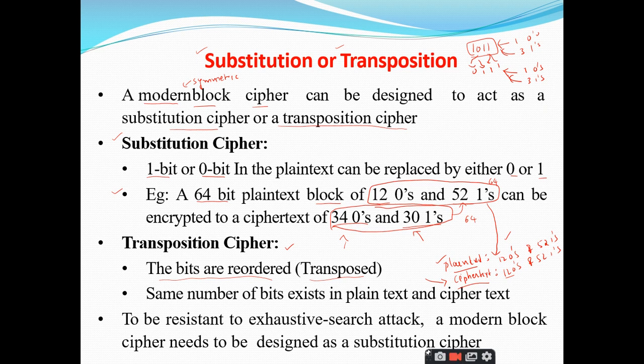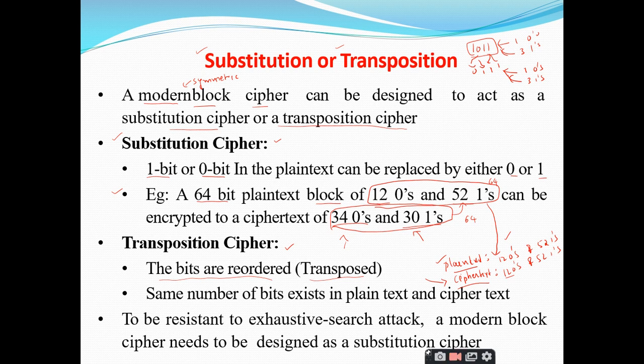So in the substitution cipher, since you substitute one bit with another bit, the number of zeros and ones in the plain text will completely differ from the ciphertext. But in the transposition cipher, you are just going to reorder the bits, so the number of zeros and ones in the plain text is exactly the same as in the ciphertext. Is it clear?